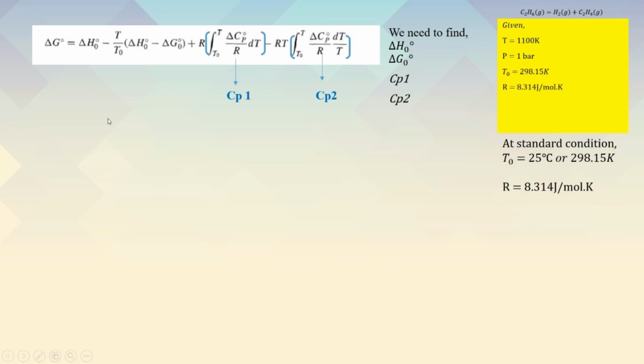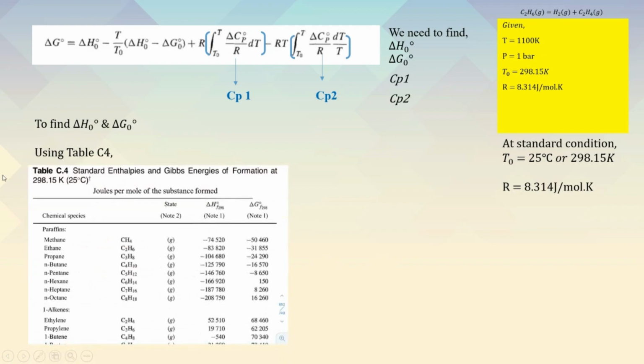So now let's find standard del H and standard del G. To find them, we will use table C4 in the appendix of our reference book. So this is table C4 in our reference book, and let's see our chemical equation here.